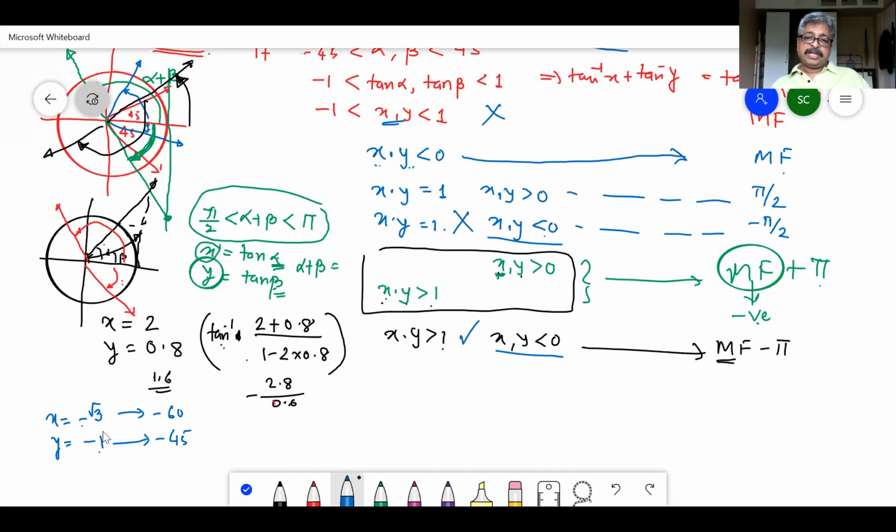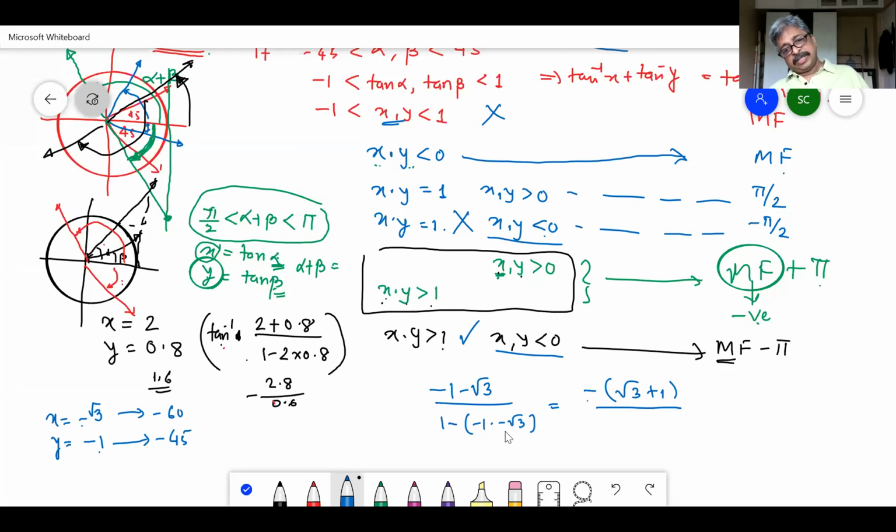So what will be the main function? The main function will be minus 1 minus root 3 upon 1 minus 1 into minus root 3. Is that correct? So the minus sign is common: root 3 plus 1, divided by this, which is minus, and this is greater than 1.